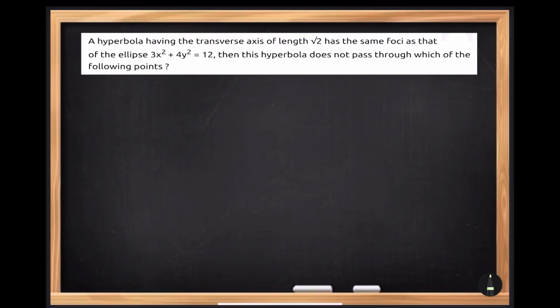Okay, let's proceed with this question. So the question says a hyperbola having transverse axis of root 2 length.